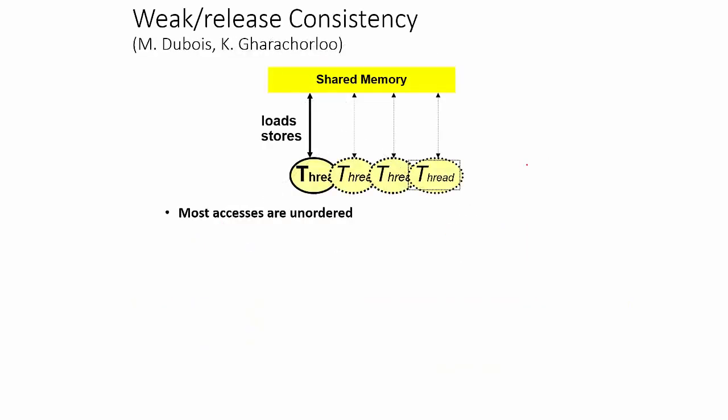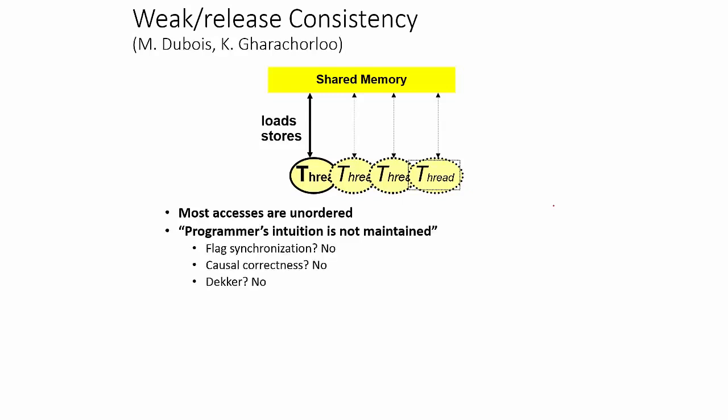Another model, implemented by, for instance, the PowerPC processors, is weak or release consistency. They are slightly different, but for most purposes the same. In this kind of memory model, the loads and stores are totally unordered. The only ordering you have is with synchronization accesses like locks and memory barriers and things like that.